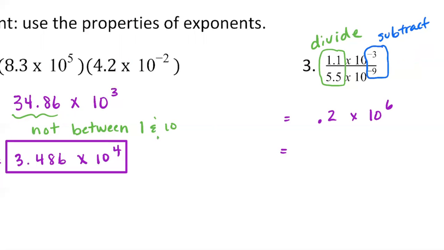But again, this is not in scientific notation, so we have to move this decimal over one place. That's going to make this number bigger. So to compensate, I'm going to make this one smaller. I'm moving this one decimal place, so I'm going to take 1 away from that 6. Okay.